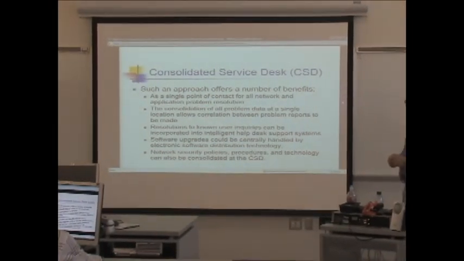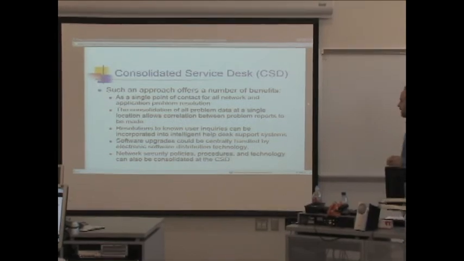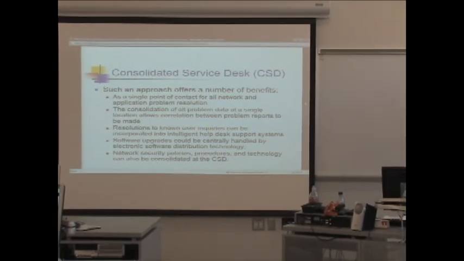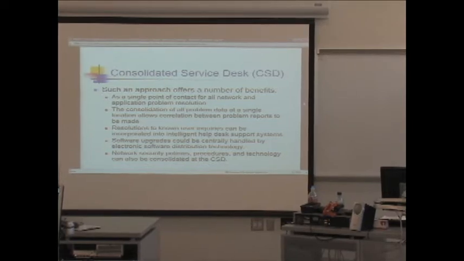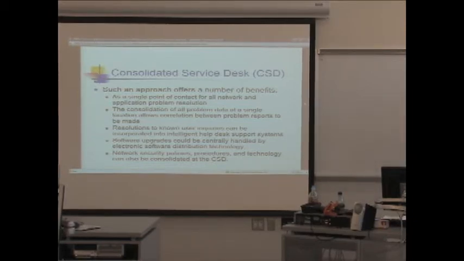Network security policies, procedures, and technology can also be consolidated at the CSD, or Consolidated Service Desk. So the idea, again, is just to try and not have fragmented components out there each one handling different areas or different issues. Bring it into one place, and then if need be, distribute it out to the appropriate personnel.